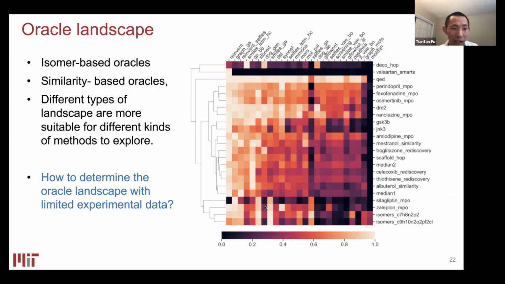We also find that different types of landscape are more suitable for different kinds of methods. So when we optimize a certain task, we first need to know which type of oracle landscape it belongs to. It remains an open problem how to determine the oracle landscape with a very limited experimental dataset.